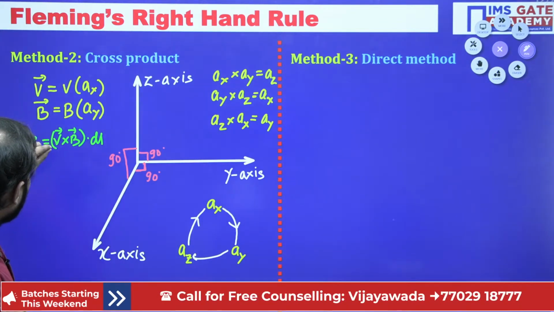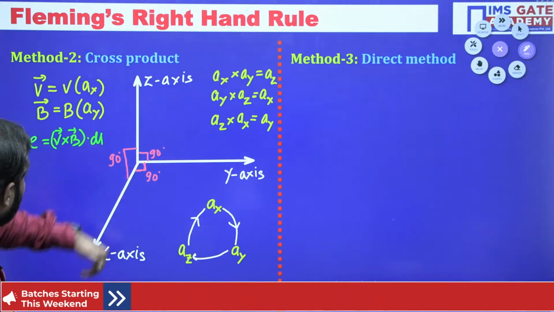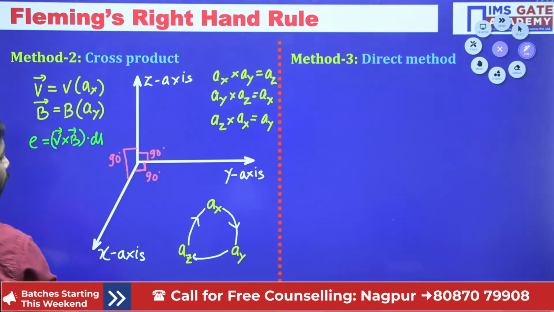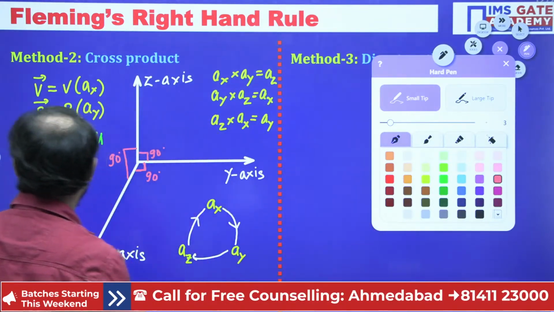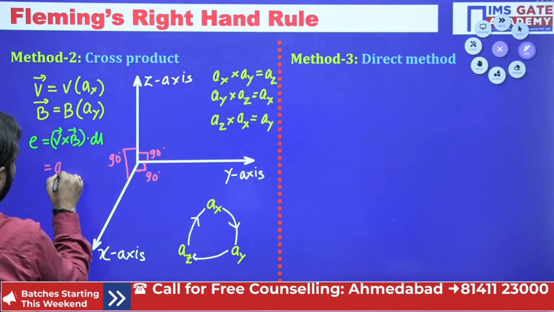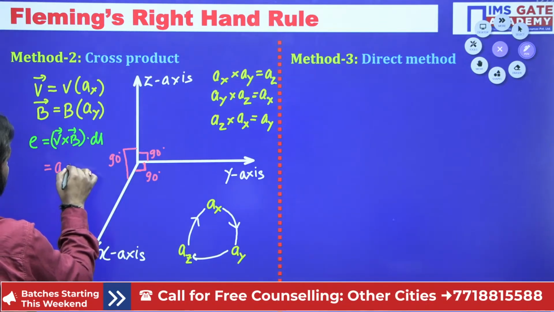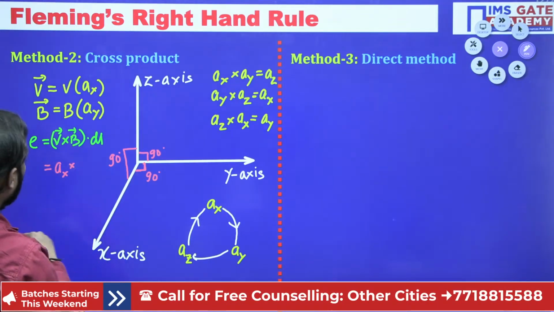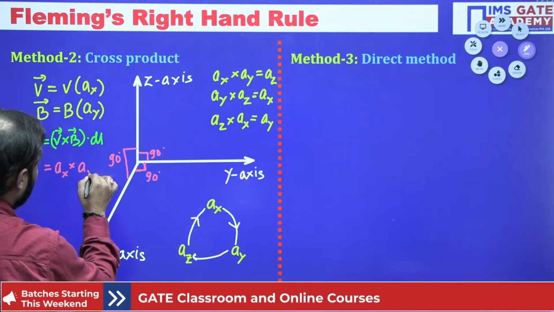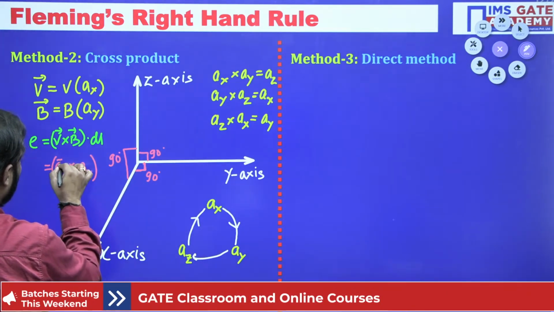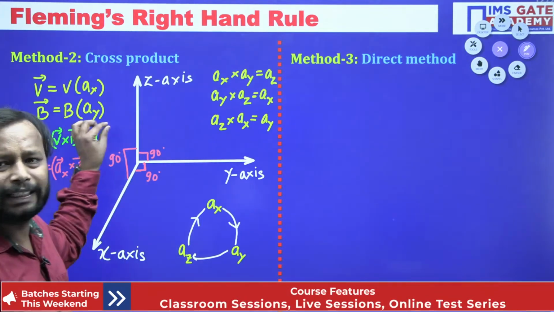V is in the AX direction, into the magnetic field in the AY direction, and DL is a scalar, any length.